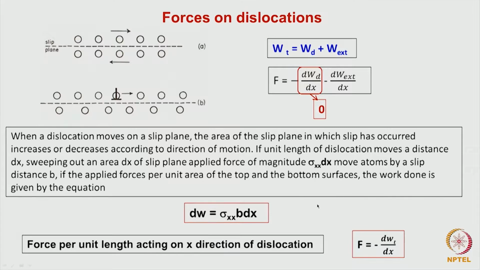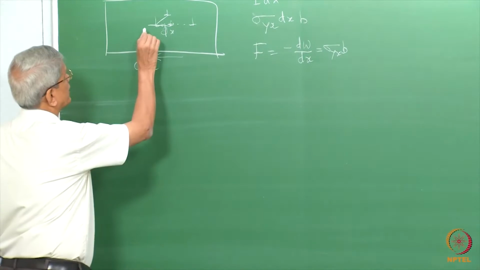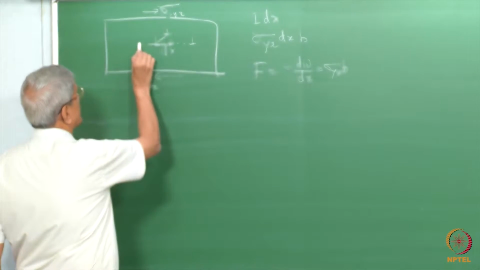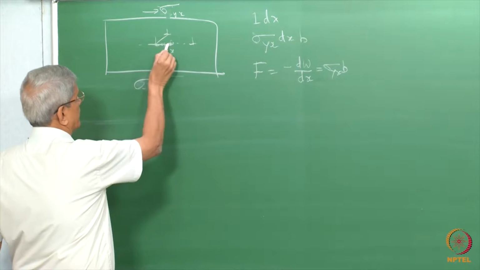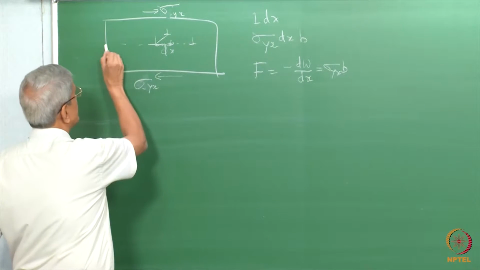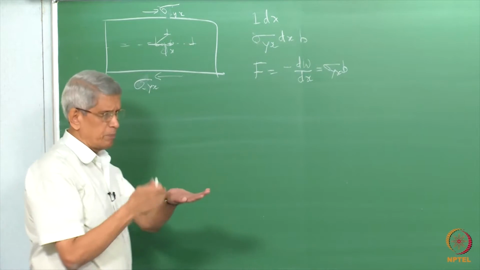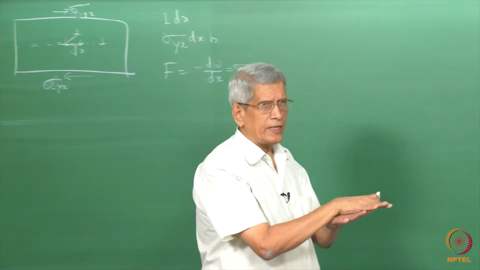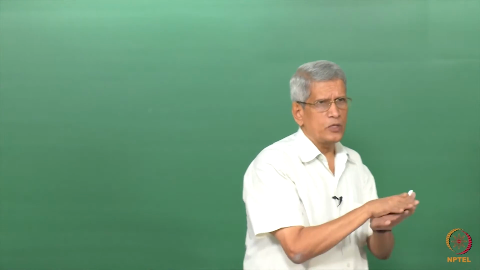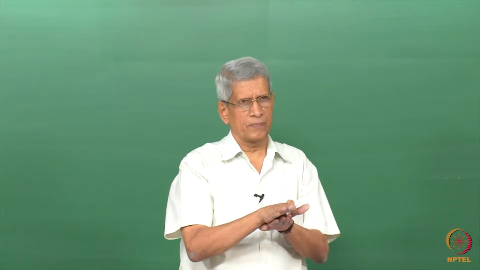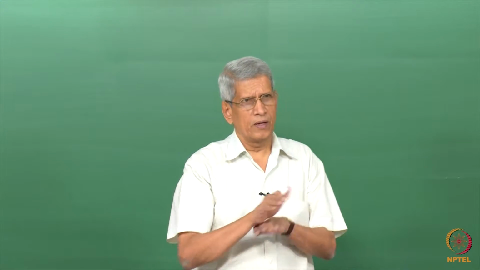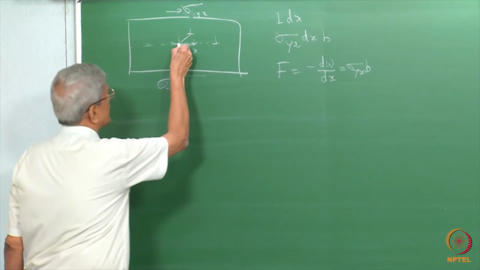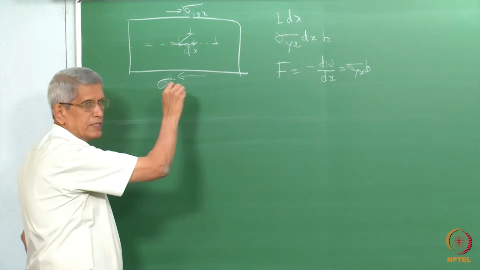Now we can look at it this way. Suppose across the slip line, the top layer and the bottom layer are relatively displaced, correct? What is the displacement which has taken place? The dislocation which was initially here has moved to this place.